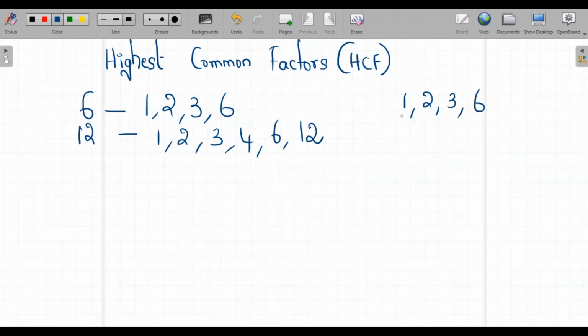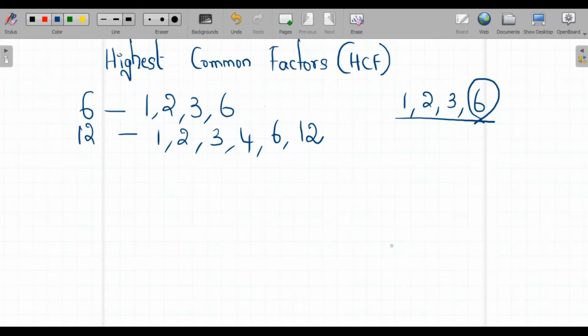Correct? Now, of all these four factors that are common to both the numbers, the factor which is biggest or highest is nothing but the number 6. Correct? So, the highest common factor or HCF of 6 and 12 is 6. Okay.